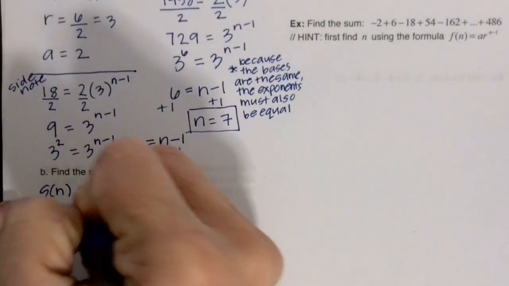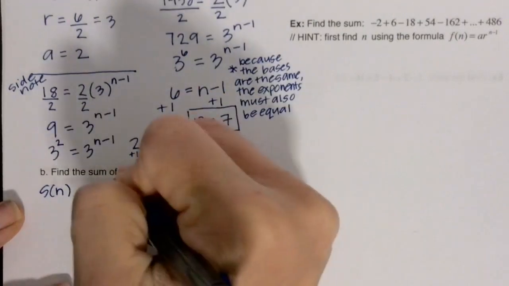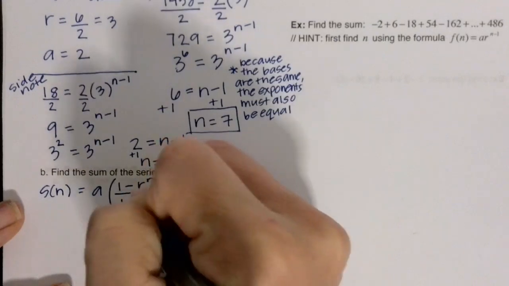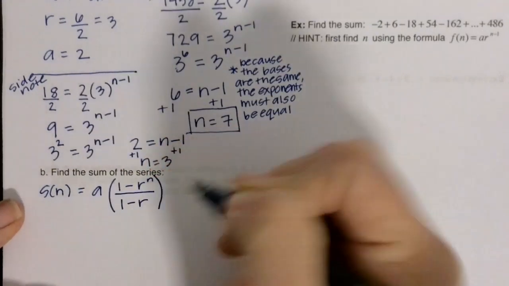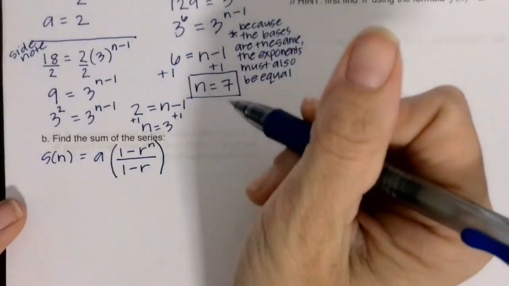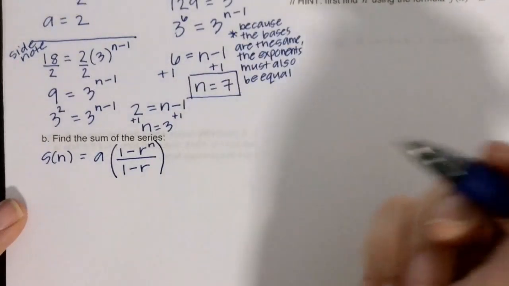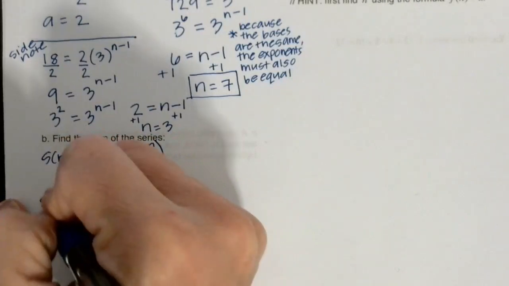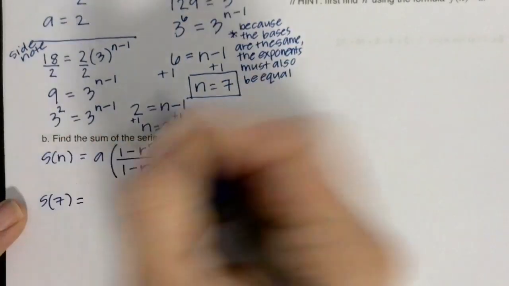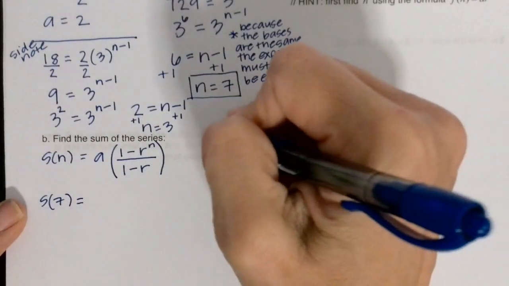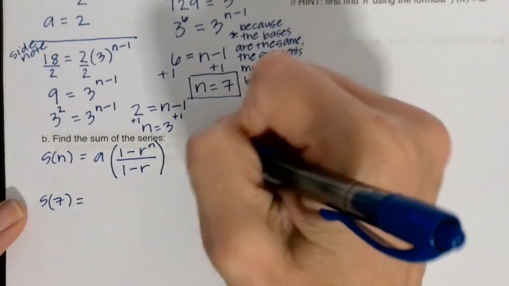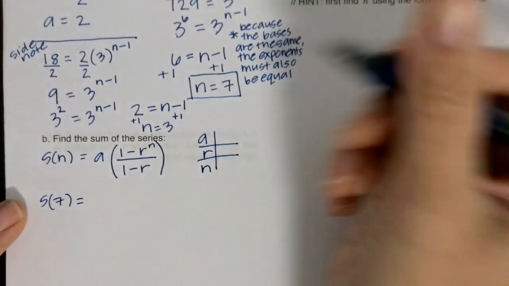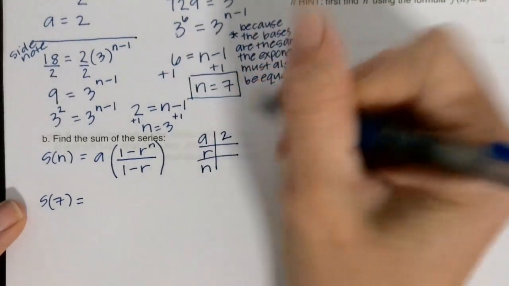S sub n equals A times 1 minus r to the n, all over 1 minus r. So these are definitely calculator problems, but we have to make sure that we take our time and follow the math and order of operations properly. So S sub 7 equals, and if you want to just write this over right here, A, r, n, just as a friendly reminder, we know the initial value is 2.